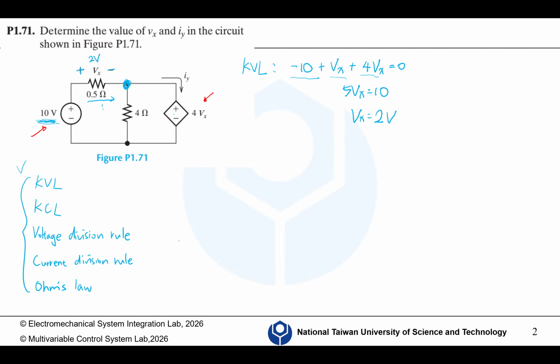Let's say this is I1. I1 needs to flow from the positive terminal to the negative terminal of a resistor. So we can calculate I1 equals 2 divided by 0.5, which is 4 amperes.